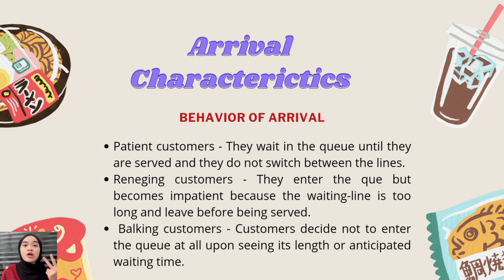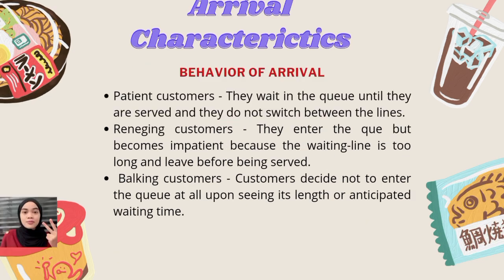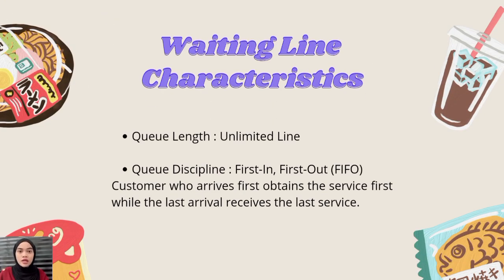Customers decide not to enter the queue at all upon seeing its length or anticipated waiting time. For waiting line characteristics, queue length is an unlimited line and queue discipline is based on a first in, first out (FIFO) basis. Customers who arrive first obtain the service first, while the last arrival receives the last service.